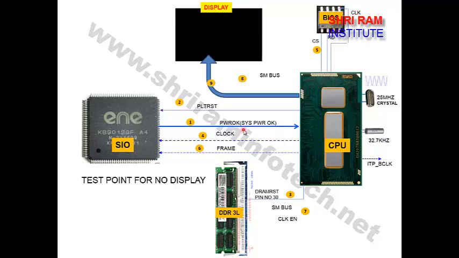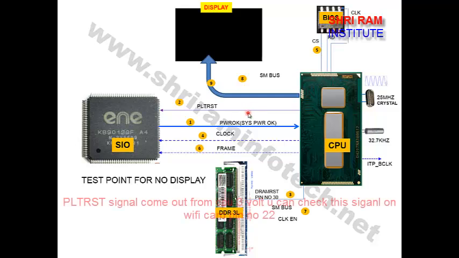Once the CPU gets this 3 volt confirmation signal from the SIO, that means all power is coming proper, then the CPU generates one signal called the PLT reset, or the platform reset. This PLT reset is a reset signal. The CPU resets itself and sends out this signal. It goes to the entire motherboard, like audio, network and Wi-Fi. This signal goes everywhere to reset everything.